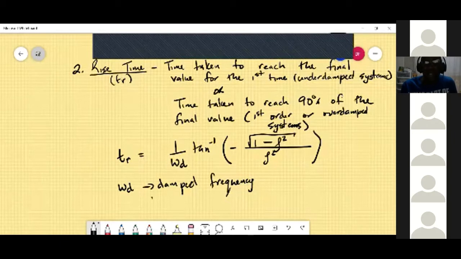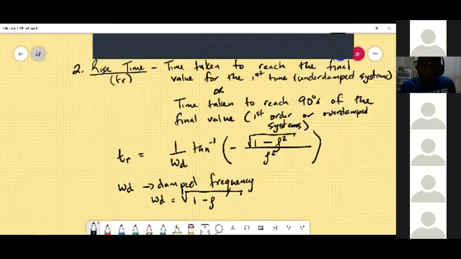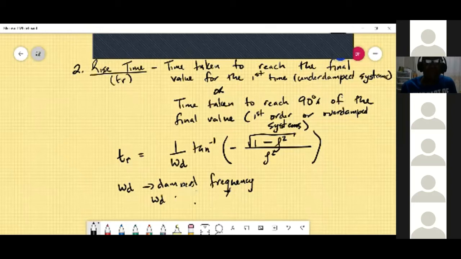And omega D is equal to omega n times the square root of 1 minus the damping ratio squared. These formulas are not for your memorizing. And well, in this paradigm it wouldn't make sense to tell you that, because how would I prevent you from looking in a book anyway?